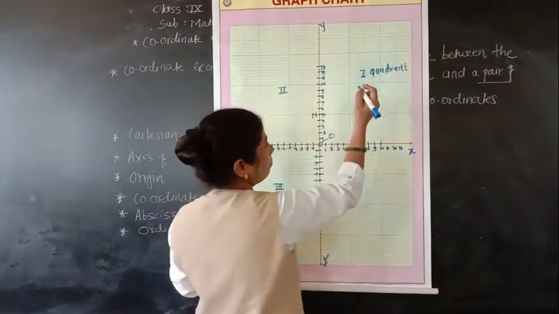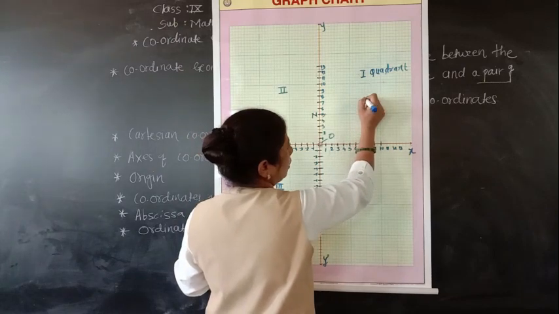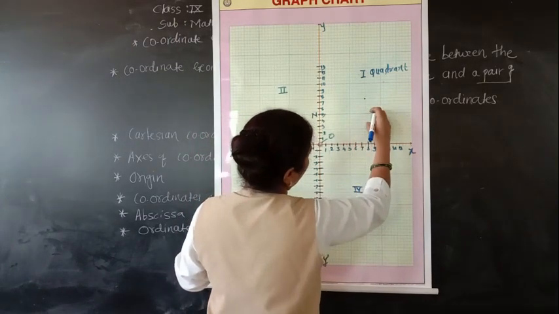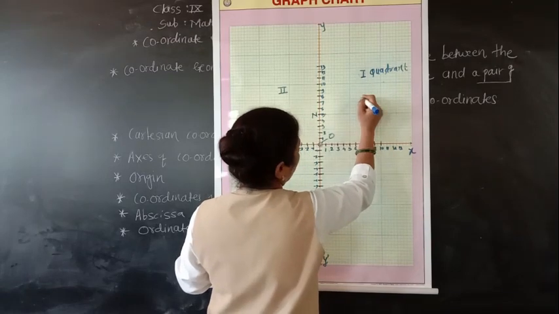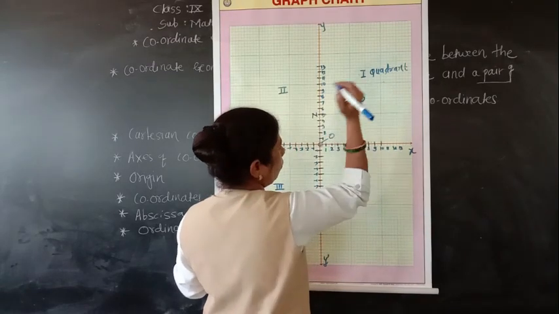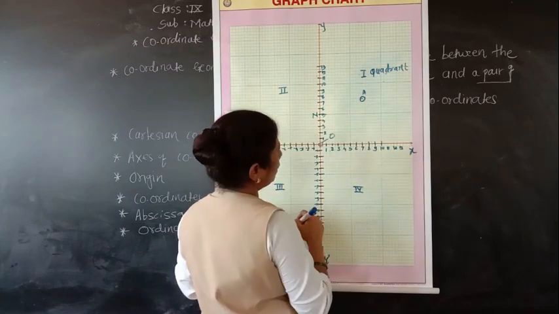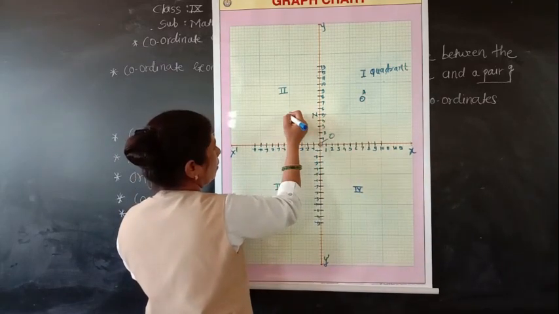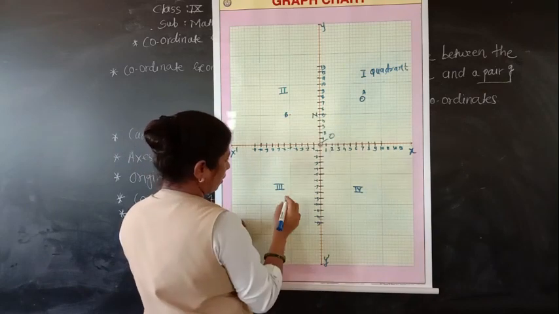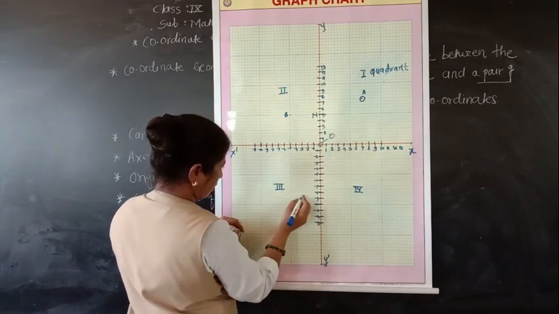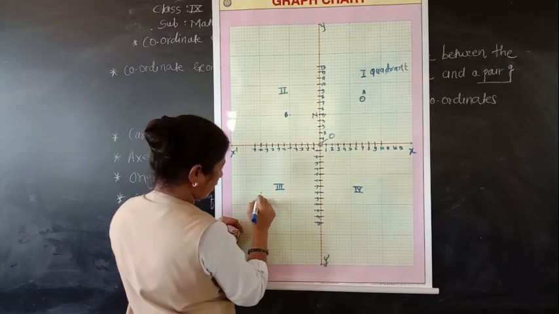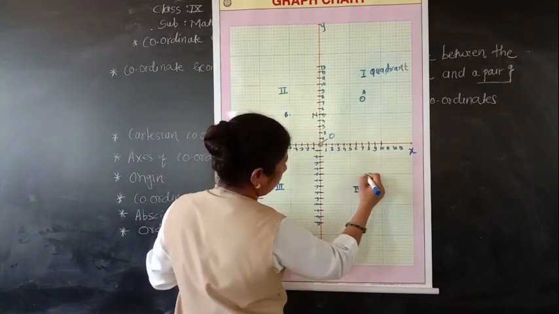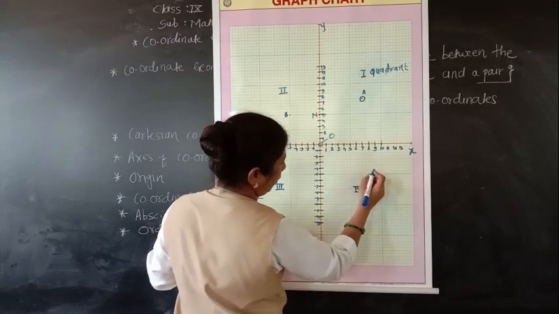So for example, I will take one of these points, supposed to be A, and here another point, supposed to be B. Here is my C point, and here my D point.